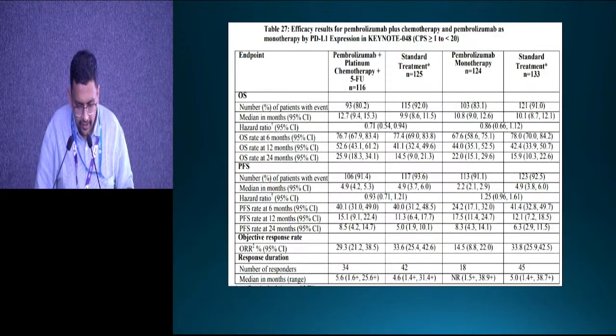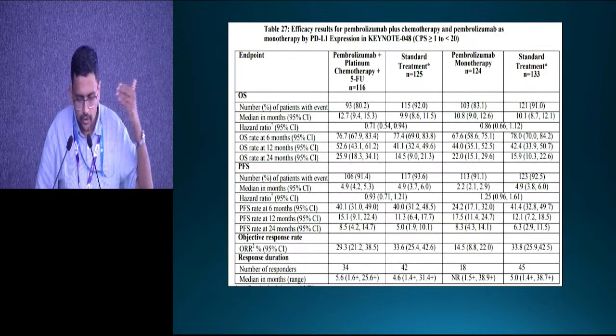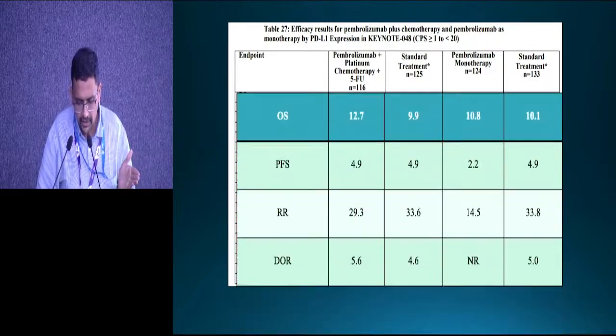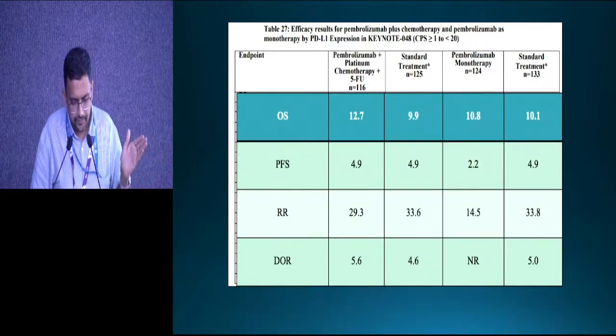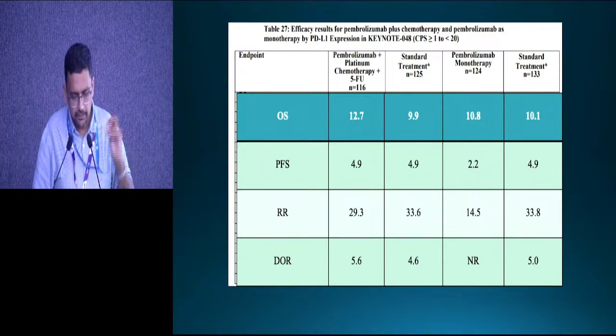So, if you start off looking at the overall efficacy results, when you start looking at this breakup, chemo versus chemo and Pembro monotherapy, this is what you're getting. In Pembro plus platinum plus chemotherapy, your overall survival is 12.7 months. In monotherapy, it's only 10.8 overall.